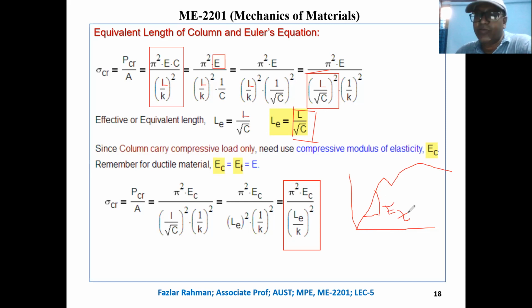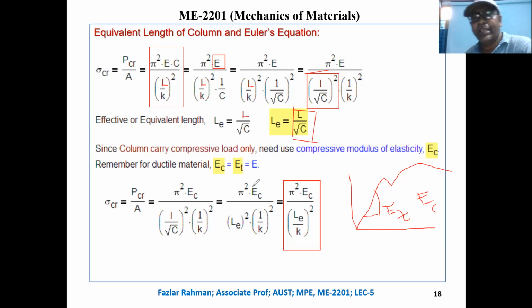So this E will be modulus of elasticity for tensile. But if we apply a compressive load, then the modulus of elasticity for compression will be EC. But in general, if the material is ductile, then ET and EC are the same. So that's why a lot of books say EC equal to ET equal to E. But in a column, we are applying compressive load, right? So it is better, instead of using ET, you use EC.